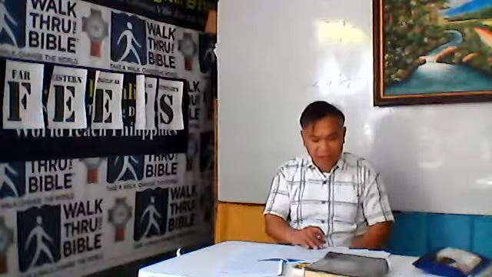So, the 7th month is additional Julius Caesar, kaya siya July. Kaya ang next month ay August because of Augustus Caesar. It was added in honor of the Emperor Augustus Caesar. Kaya August.